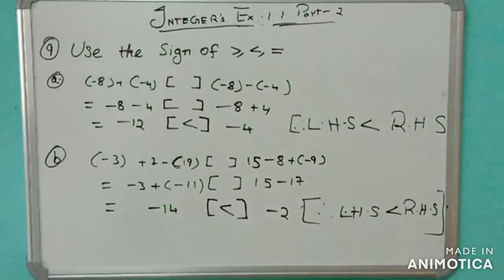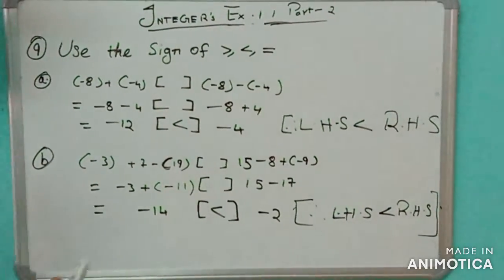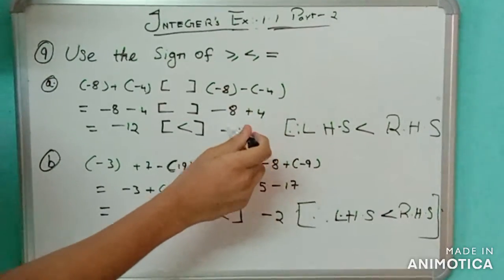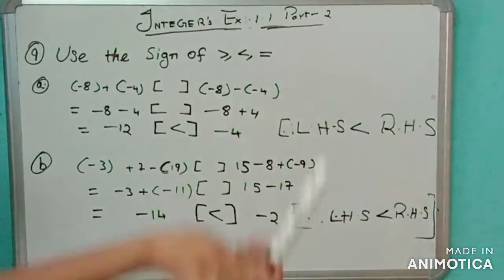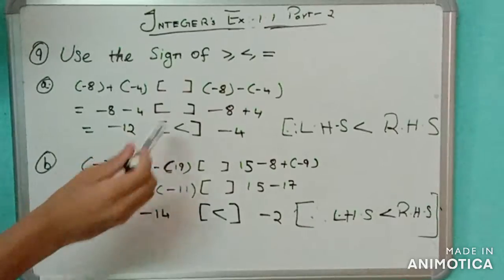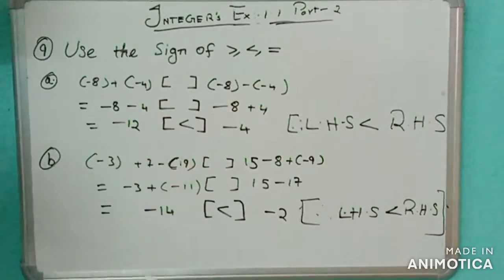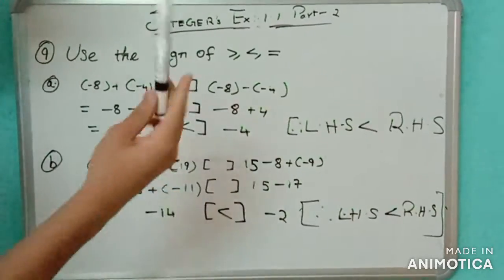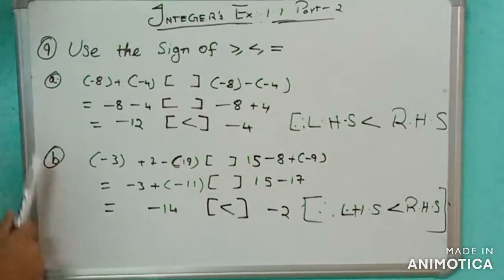See, I already said in the previous video that among negative values, the lowest number has the highest value, and the highest number has the lowest value. So here minus 4 is greater than minus 1. The same procedure for B also.